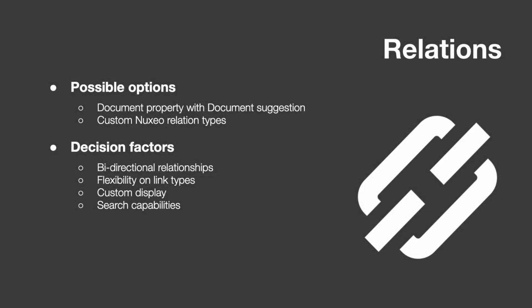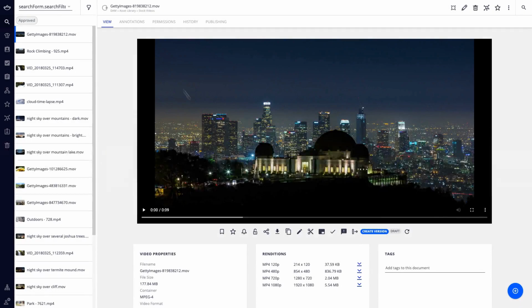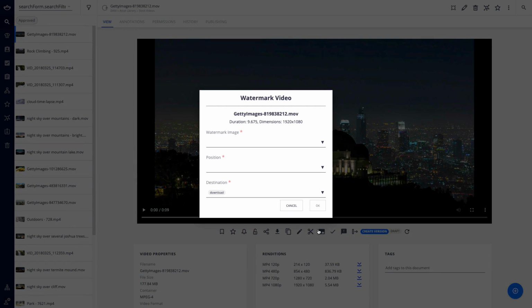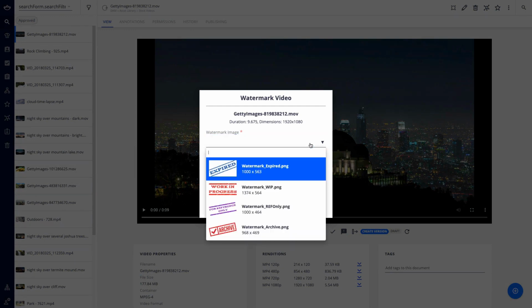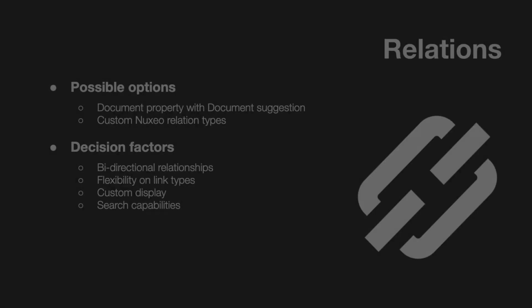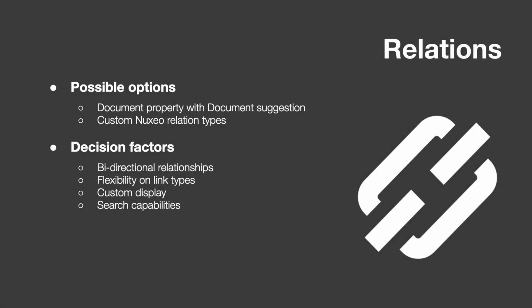Also, if you need to have a custom display on your documents, using the document suggestion is the right way to go, because you can display, for example, a thumbnail, the ID, the path, and so on, directly in the document suggestion. Also, you have to consider search capabilities when you want to retrieve related documents.